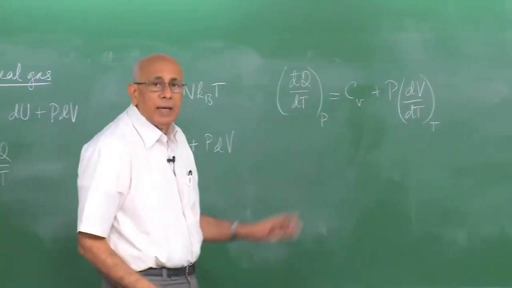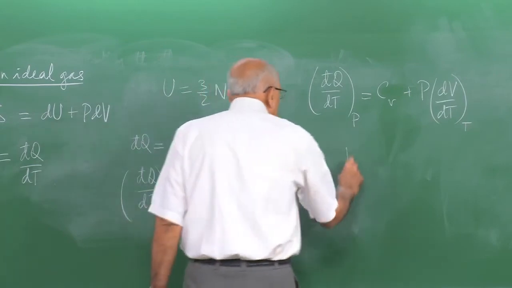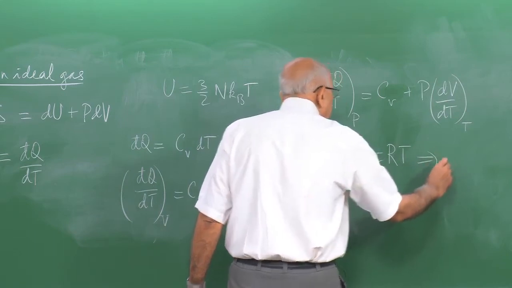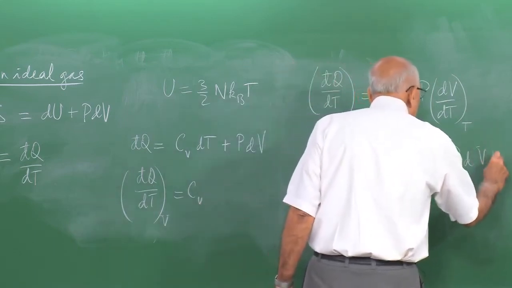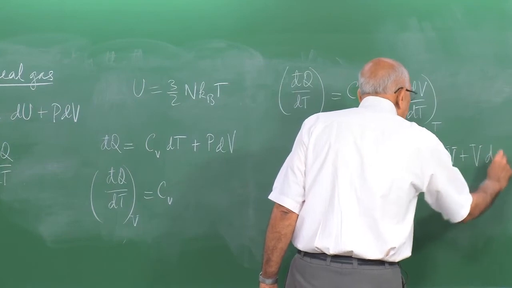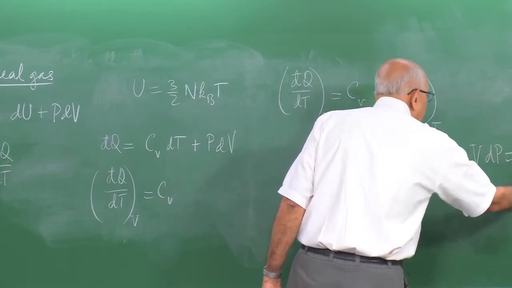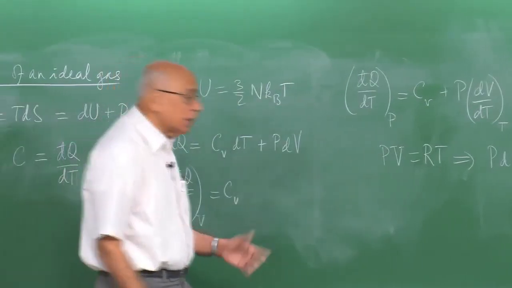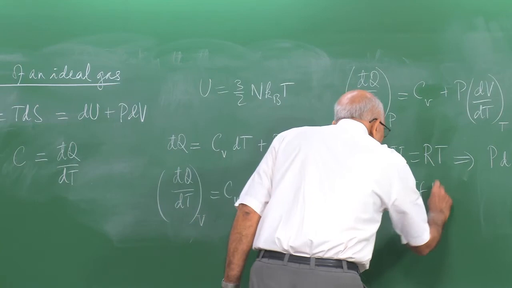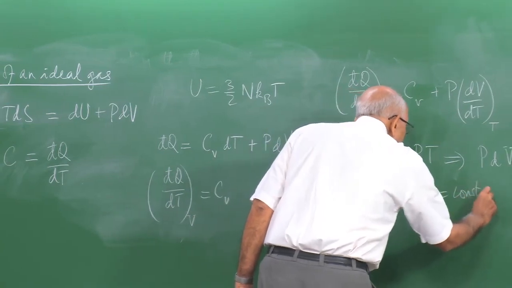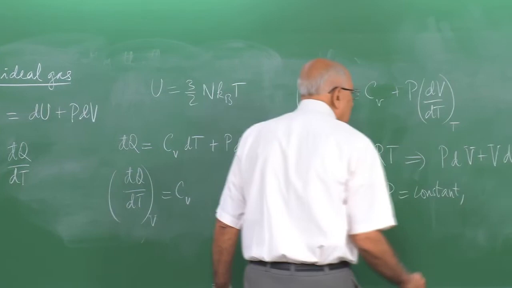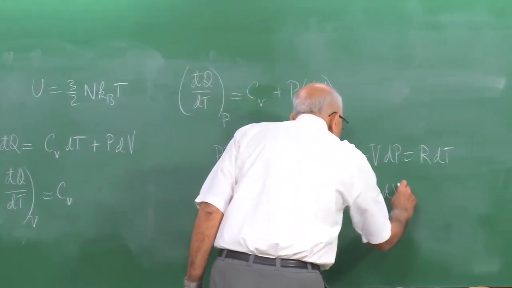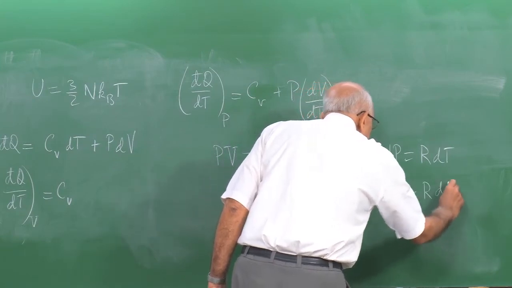On the other hand, for an ideal gas and 1 mole of it, as we have been looking at here, we have Pv equal to RT, which implies PdV plus VdP equal to RdT. At constant pressure, if P equal to constant, then this term goes away and it says P dV equal to R dT here.